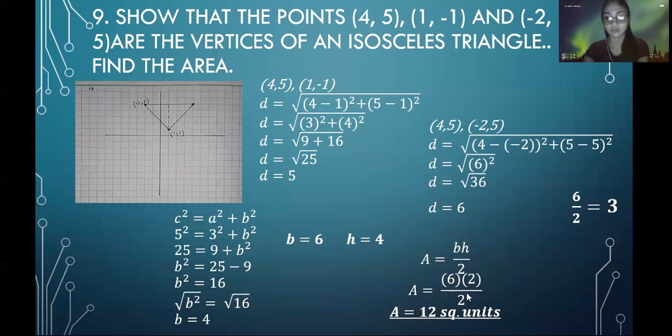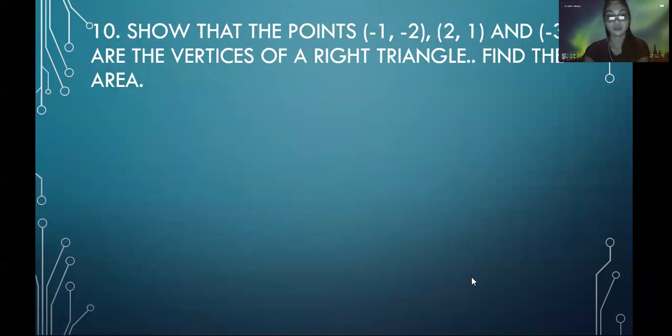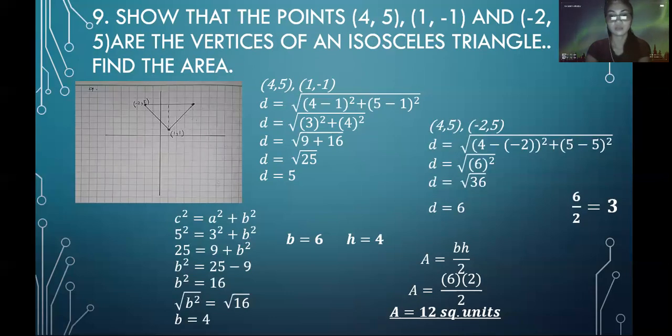Sorry, I made a typographical error again. So 6 times 4 is 24 over 2. So the area of the isosceles triangle is 12 square units.